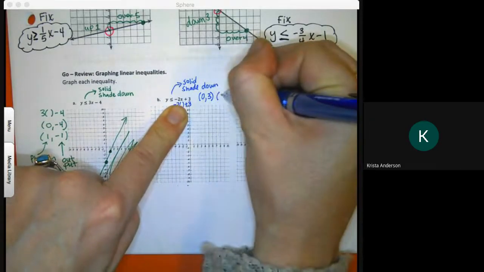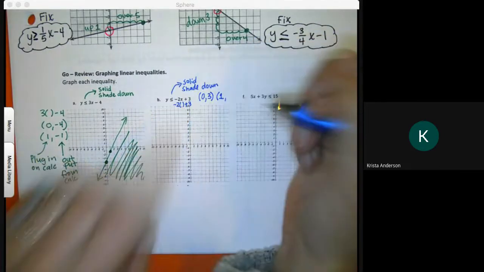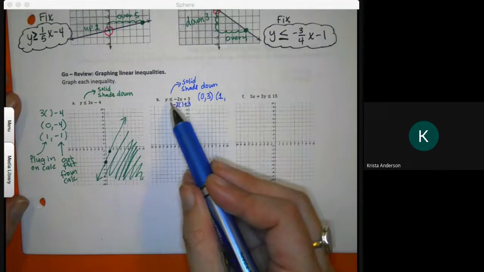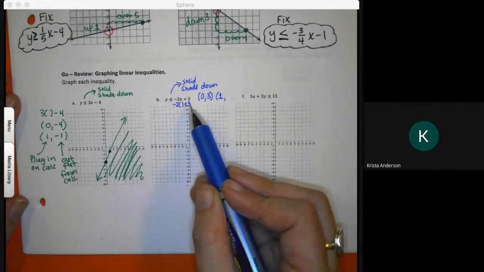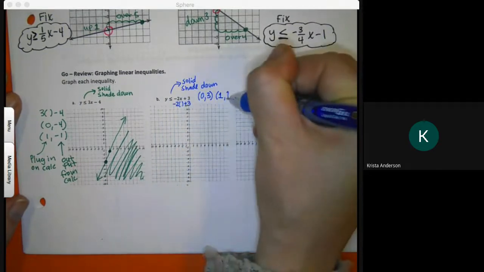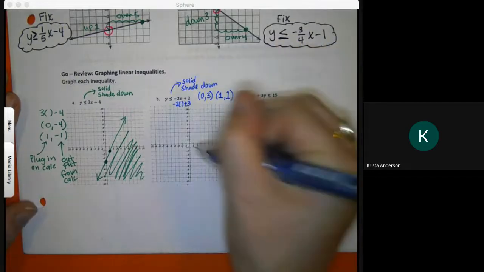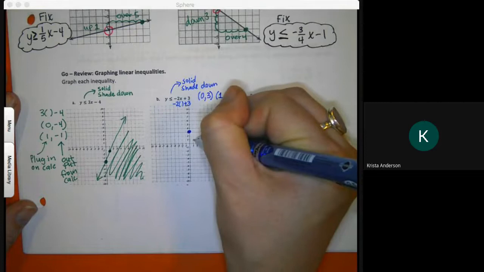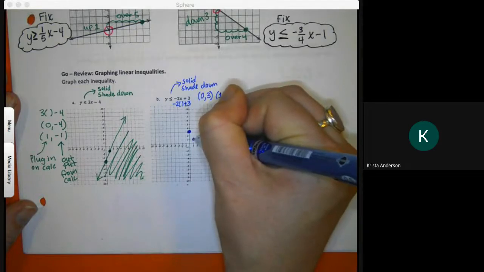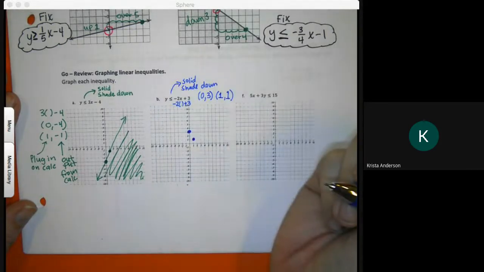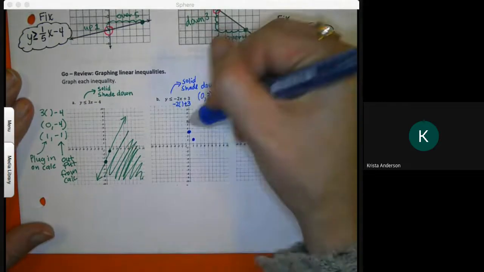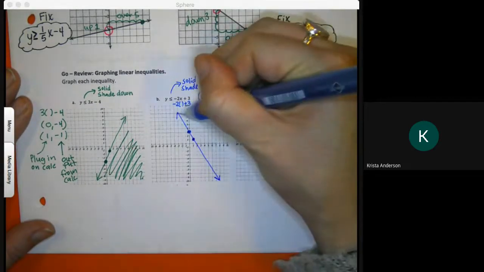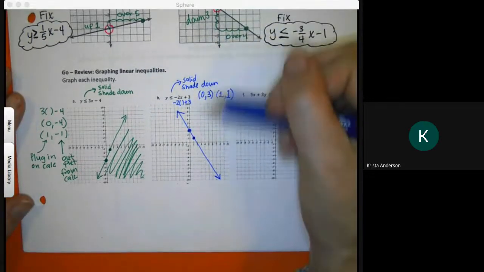If I plug a 1 in, -2 times 1 is -2. -2 plus 3 is 1. 0, 3, click. 1, up 1, click. And then it will be solid. I shade down.